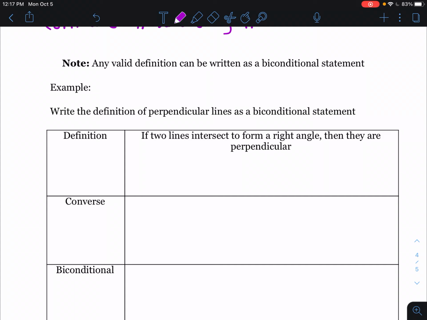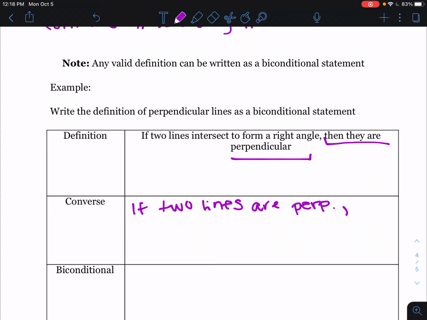So, our definition is if two lines intersect to form a right angle, then they are perpendicular. What's the converse of this? Because it's a definition, right? We talked about how a definition can be written in the converse and it will still be true. So that means if two lines are perpendicular, just abbreviating there, I'm taking the conclusion and flipping it with the hypothesis.